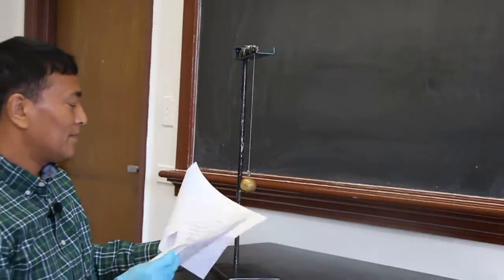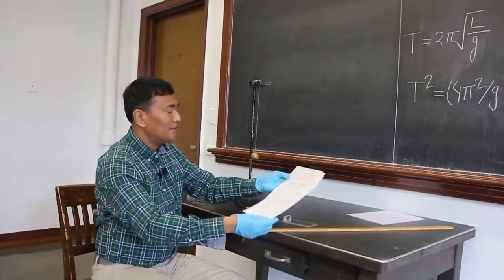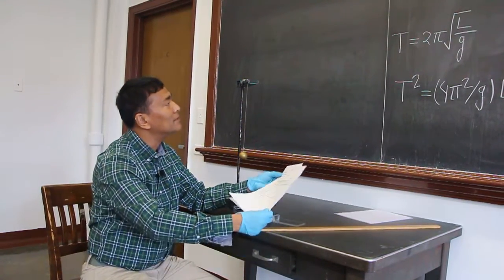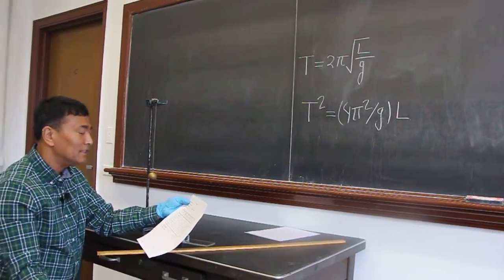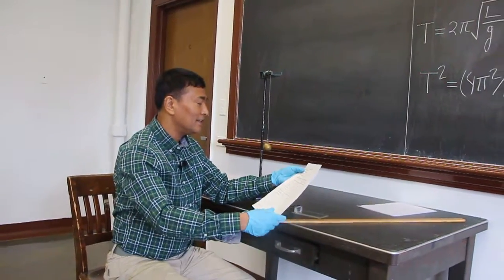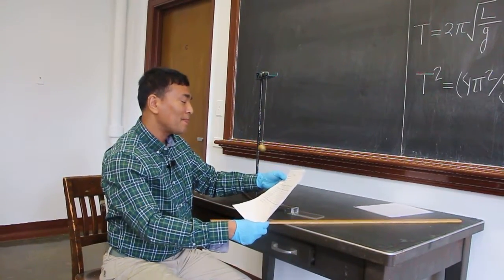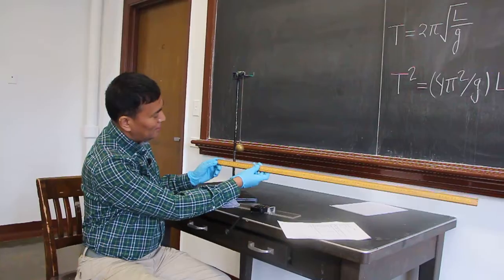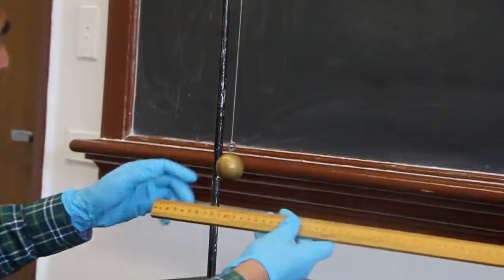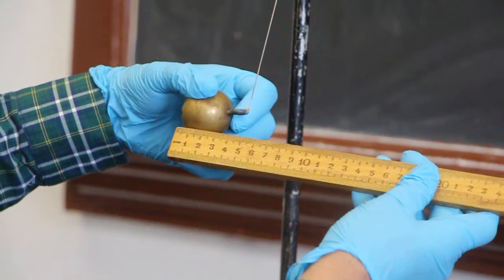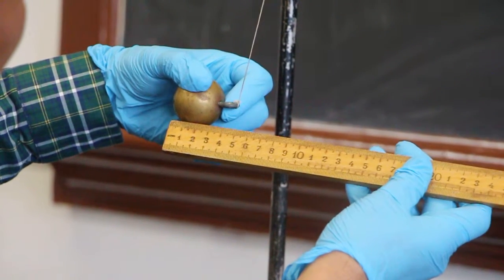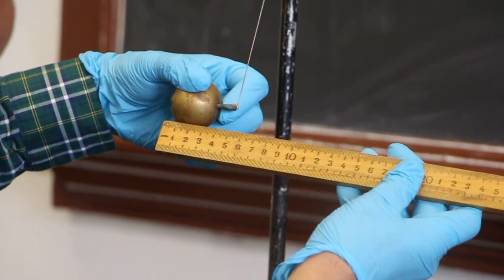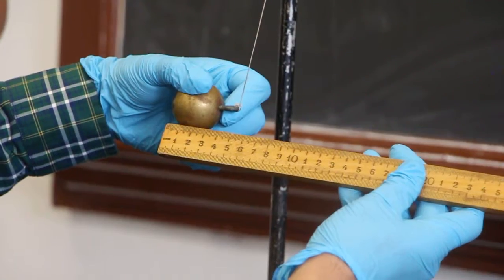So in your data sheet, we need to measure the mass of the bob. Actually, the mass of the bob is independent here. So if you want, you can measure it, or actually we don't need that. And the diameter of the bob. I'm going to roughly estimate it using this. So this is something like 3.5 centimeter.